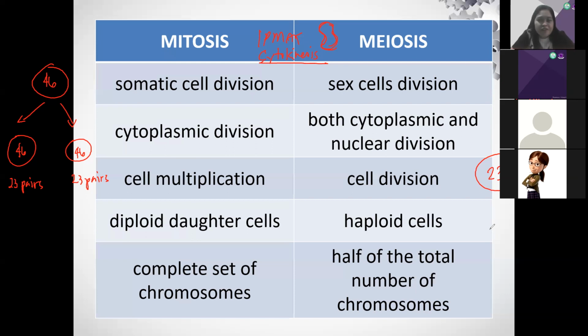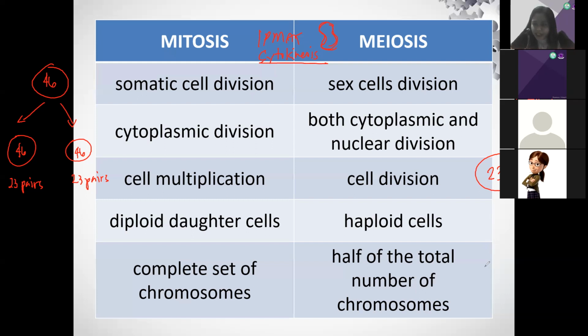Okay? So half lang of the total number of chromosomes kasi nga there is total cell division here. And even the nucleus will divide. So kaya you have 23. 23 lang talaga pag mga, ang tawag dyan? Mga sex cells.